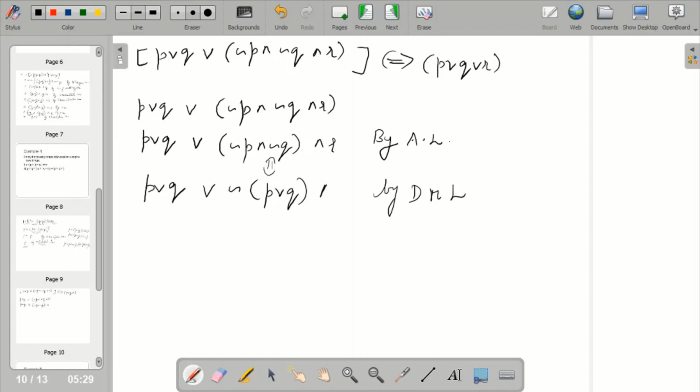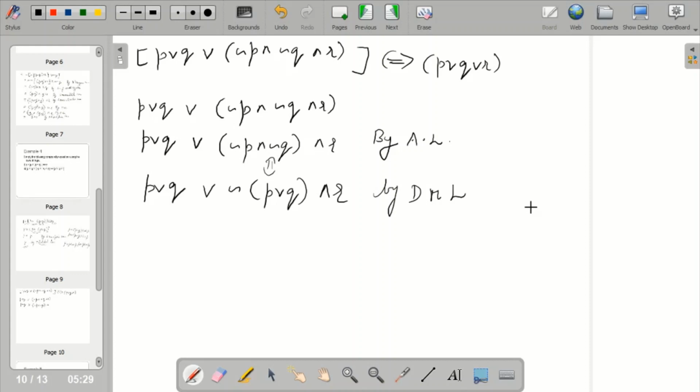So you know that P or Q or negation of P or Q. What is this form of? Whether it is in the form of inverse law. If not, how can you write it in this sense? It is in the form of inverse law.